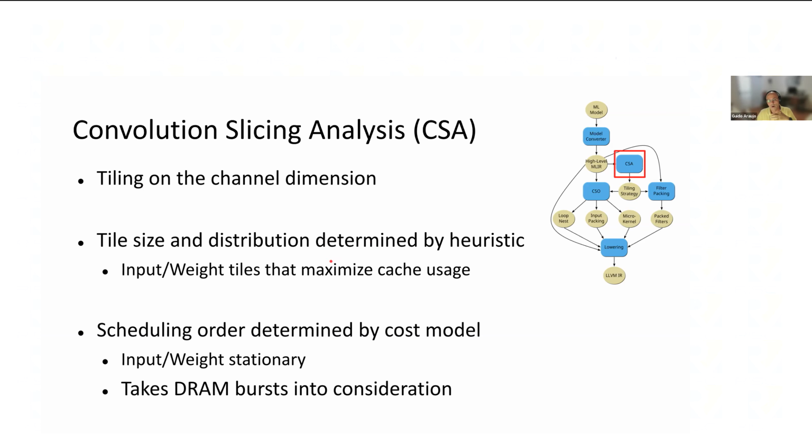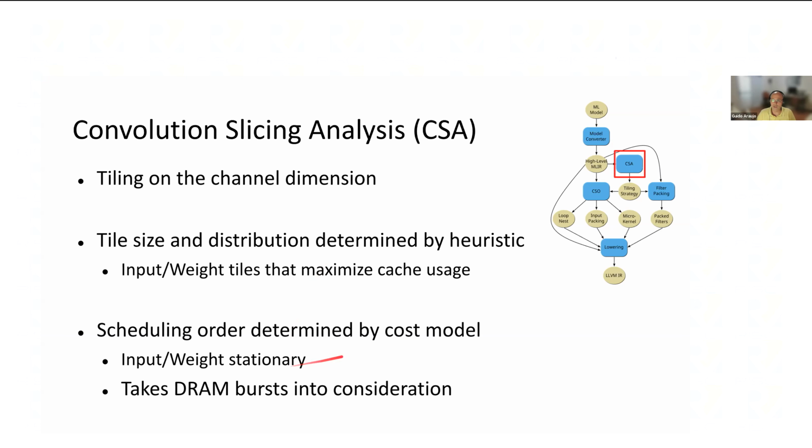So we identify parameters K3 for L3 cache, K2 for L2 cache, and then we experiment to find the best combination of K3 and K2, which maximizes the usage of the L2 and L3.